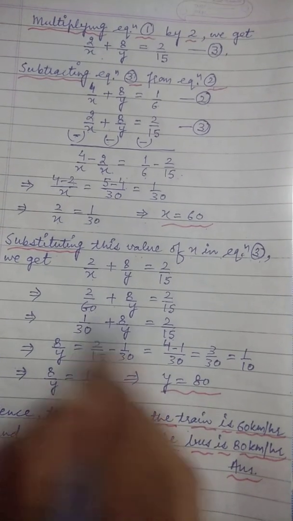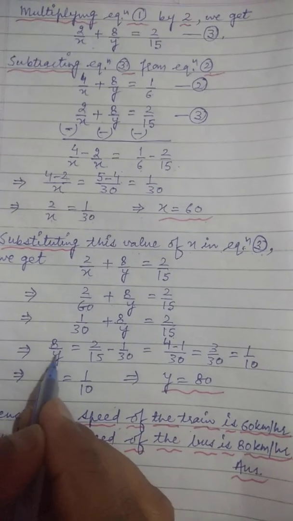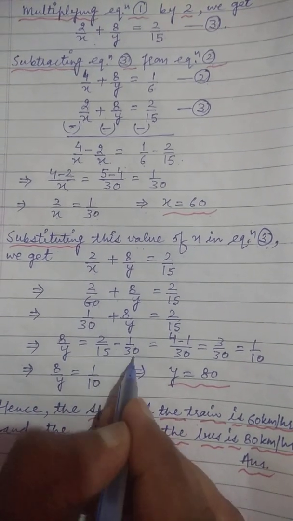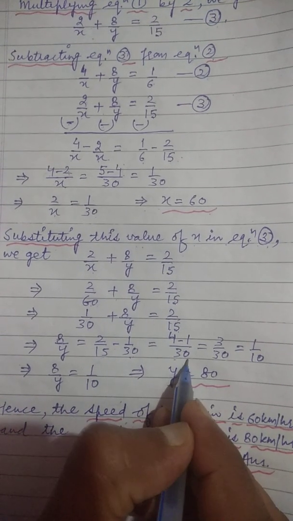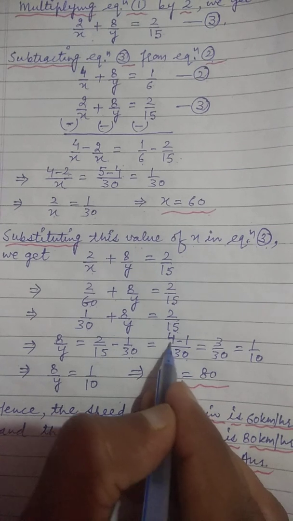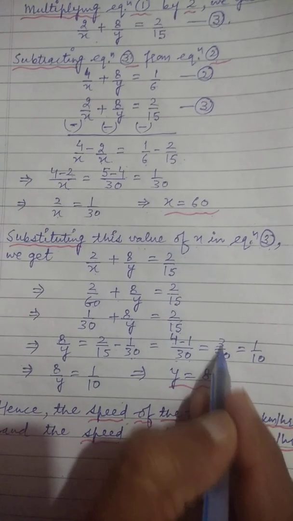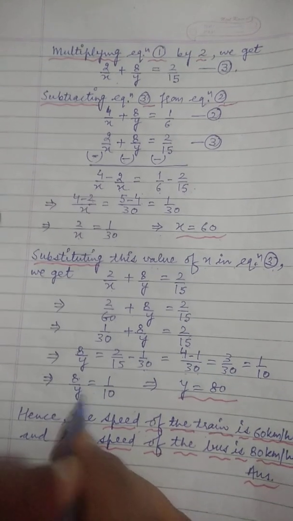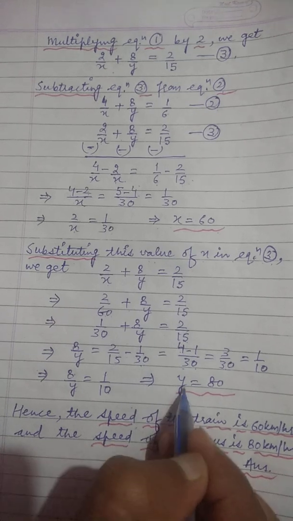On transposing 1 upon 30 to the right hand side, we get 8 upon y is equal to 2 upon 15 minus 1 upon 30. On taking LCM, which is 30, we get the numerator as 4 minus 1, which gives you 3 upon 30. On cancellation, you get 1 upon 10. So 8 upon y is equal to 1 upon 10, and it implies that y will be 80.